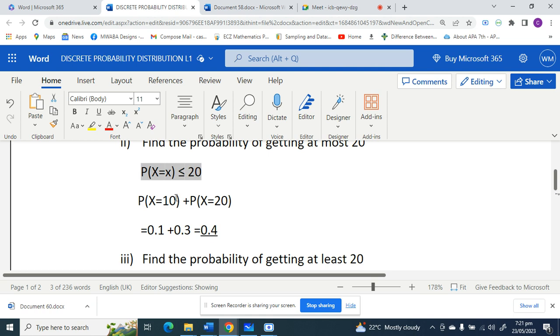So the probability of getting 10 complaints, 0.1. Probability of getting 20 complaints, 0.3. You add them together, 0.1 plus 0.3, get 0.4. So there's a 40% probability that you can get at most 20 complaints from customers who haven't received newspapers.